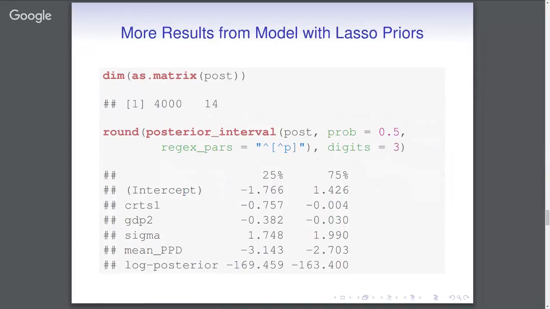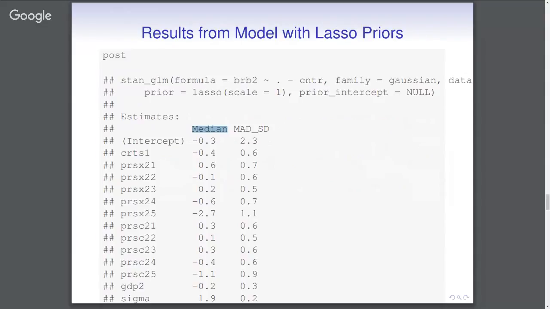Okay. Question in the back. Yes. How do you interpret it? Okay, so the way you interpret it, let's say the GDP: I believe, after seeing these data, that the coefficient on like the log of per capita GDP, or however that variable was defined, there's a 50% chance it's less than negative 0.2 and a 50% chance that it's greater than negative 0.2.